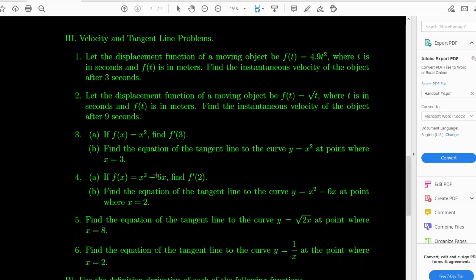It's okay. I'm going to make up a question actually. Probably using that, x squared minus 6x. So this time I'm going to use f.